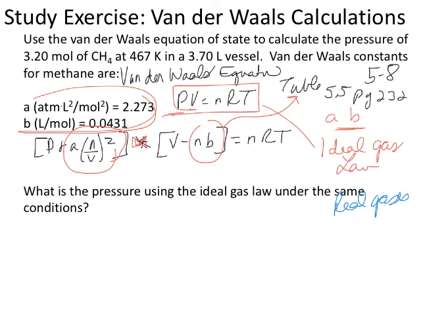And real gases, this is important, occur if you have higher pressures, really high pressures, or you have lower temperatures. Now, why would that be the case at lower temperatures and higher pressures? Think about lower temperatures: what's happening to the volume?